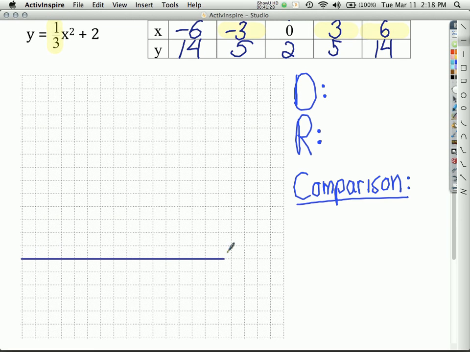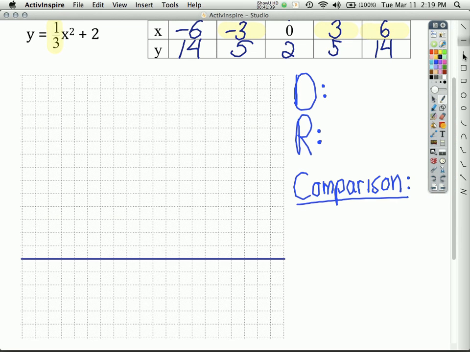Now you have graph paper, so it doesn't really matter as much because your graph paper continues on up and to the right and down. My graph paper ends here, so I have to be careful about where I put things. So I'm going to put my x-axis down a little bit. My y-axis doesn't matter, so I'm going to put that right in the middle. Hopefully that's the middle. Is that the middle?